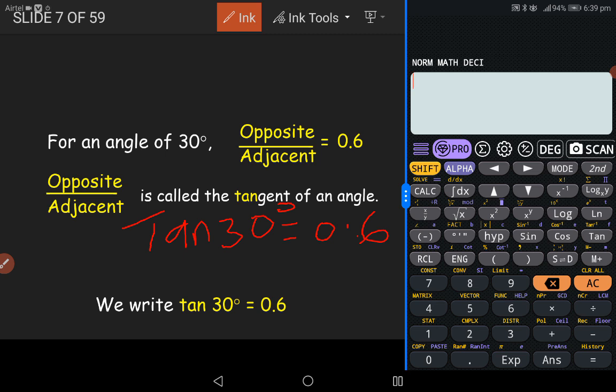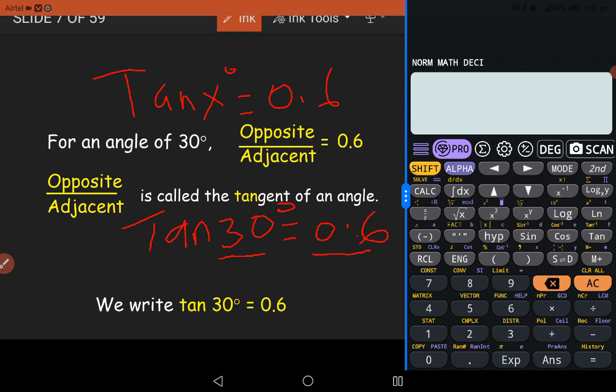Supposing that you want to work backwards, to find this 30 degrees when given this one. Let's say you are given tan x degrees is equal to 0.6. You can do that on your calculator. All you have to do is press the button on your calculator which is called shift.